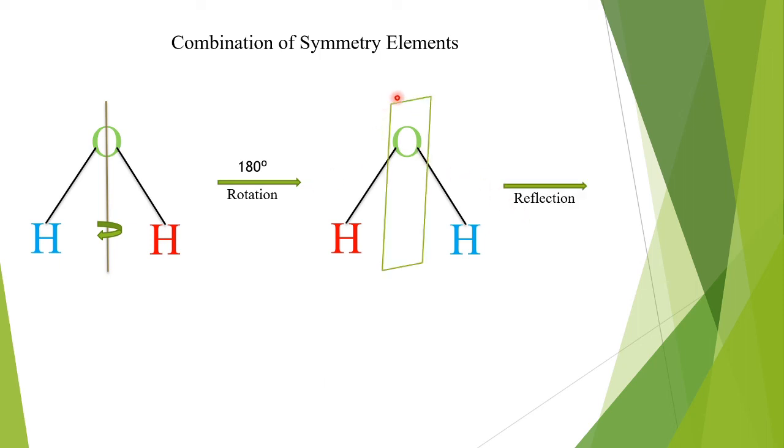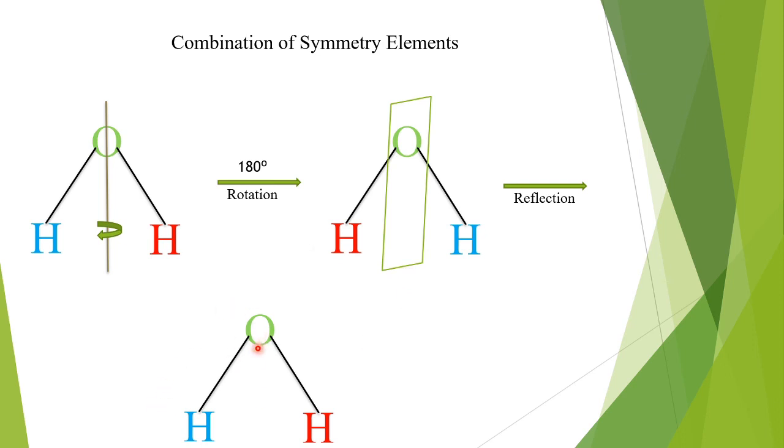Please check that the reflection plane I have chosen is the one which passes only through oxygen. What will happen when we reflect through this plane? The red hydrogen will have its reflection on the right hand side, and the reflection of the blue hydrogen will go to the left hand side.